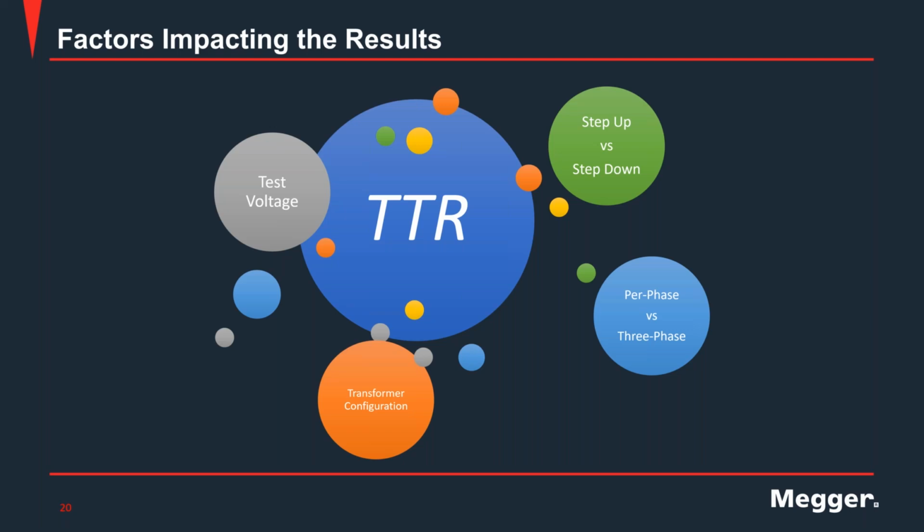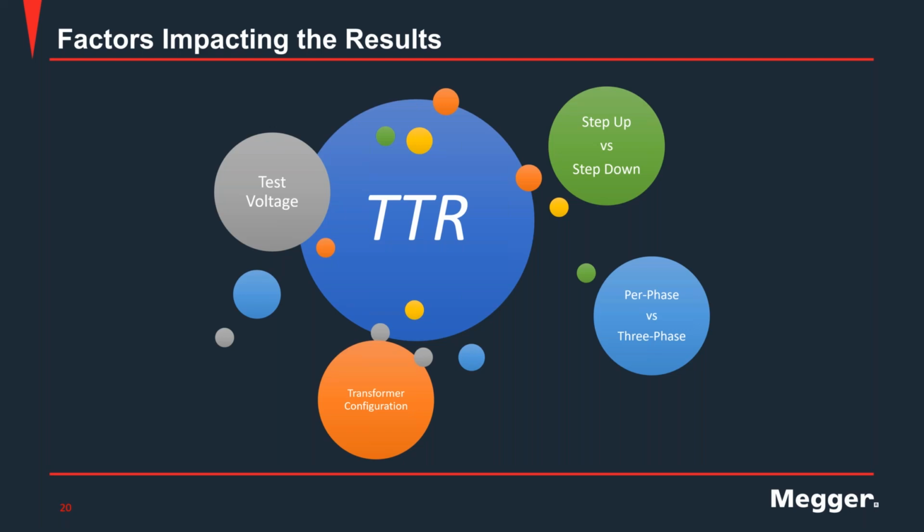We can retest it, sure, but if we are repeatedly getting numbers outside the limits, then we need to look at: is it my transformer that is failing? Is it my instrument that is not working correctly? Or am I measuring incorrectly? Is it something in the process, the way I'm testing? Am I doing something incorrect?